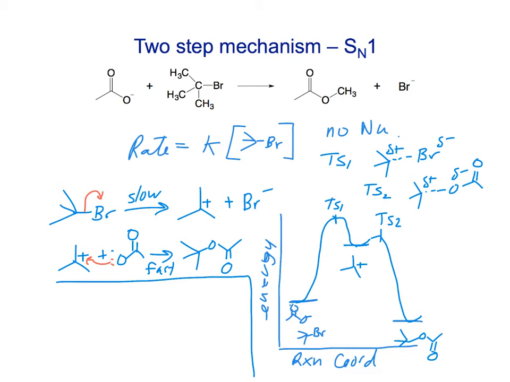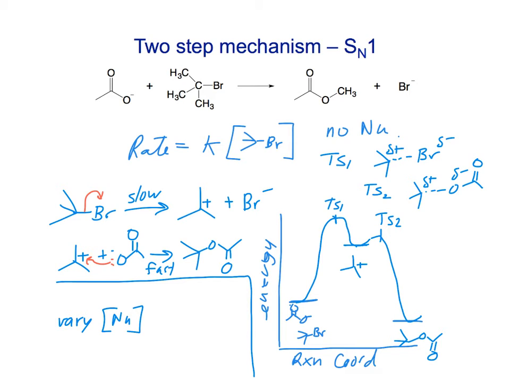So if we vary the concentration of the nucleophile, the reaction rate should only increase or change when we have the one-step mechanism.